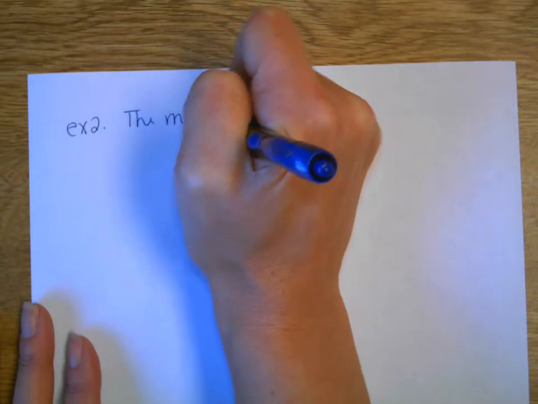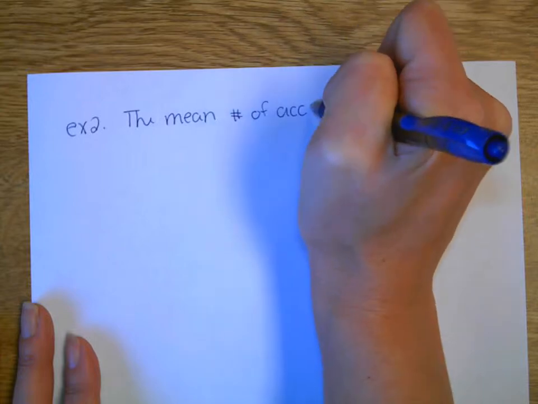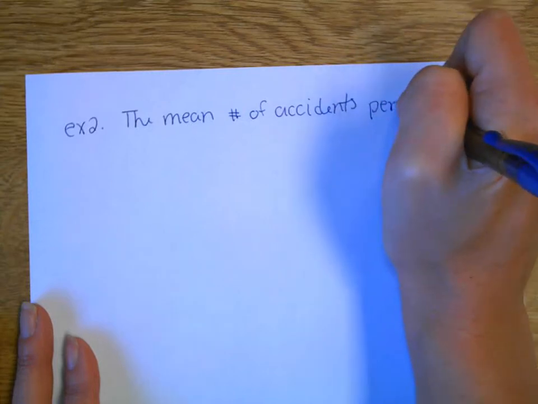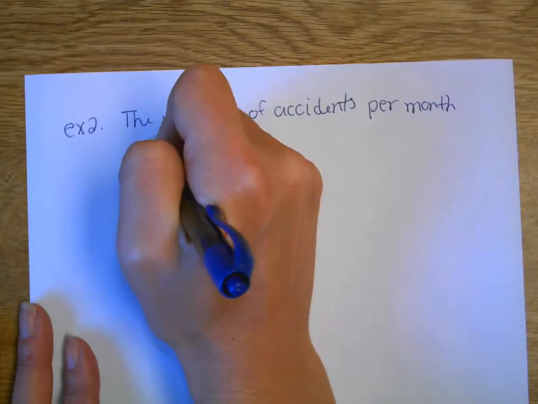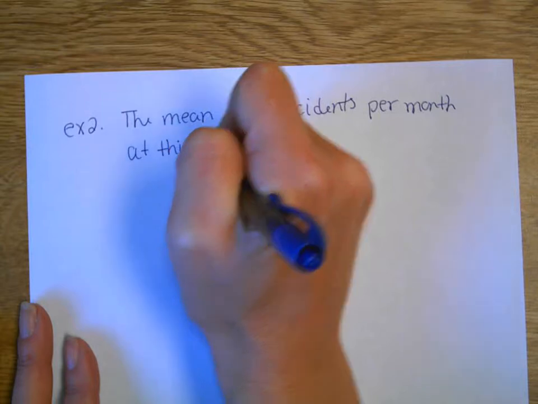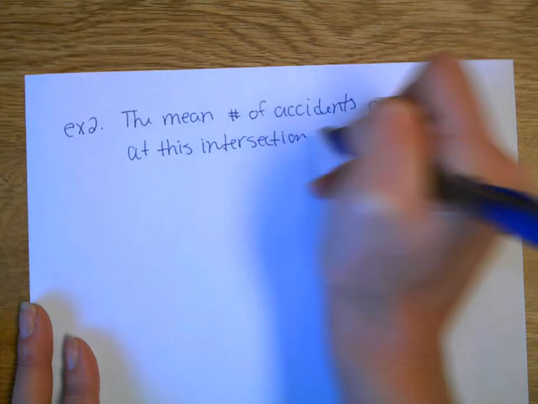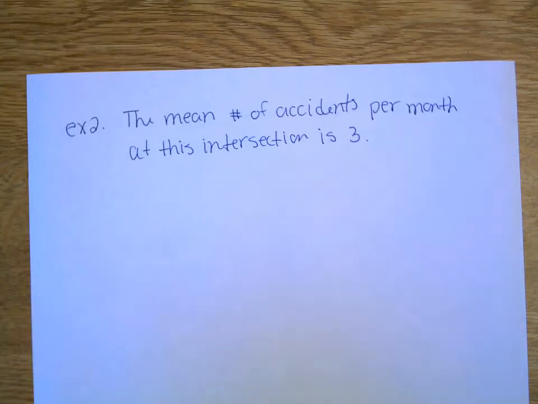The mean number of accidents per month at this intersection is 3. So they're giving me an average per unit of time or space. Here we're talking time, for a month.